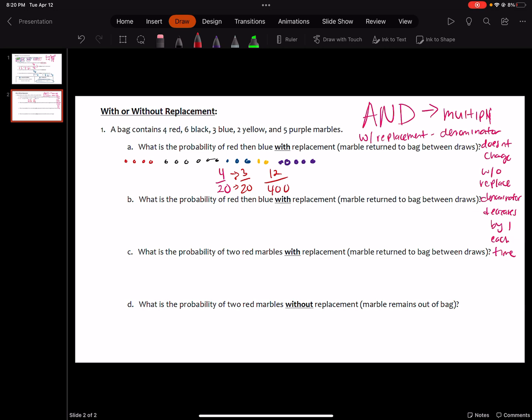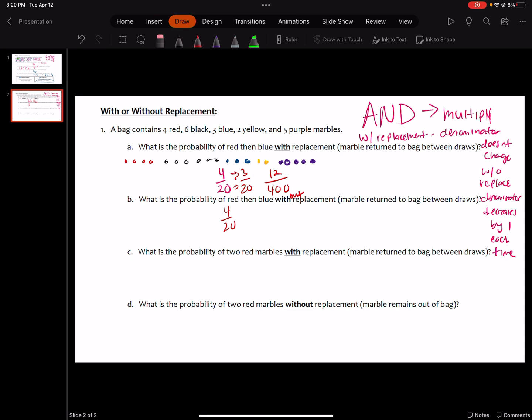So what's the probability that we get a red? So red again is 4 out of 20. Then we get a blue, and that should say, I believe, without replacement. So without replacement this time. If it's without replacement, what's going to happen is when you take a marble out of a bag, that denominator is going to decrease to 19.